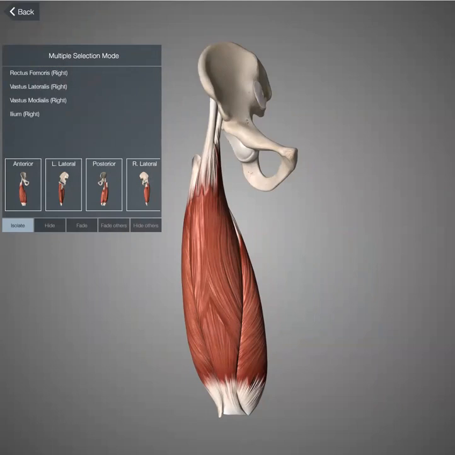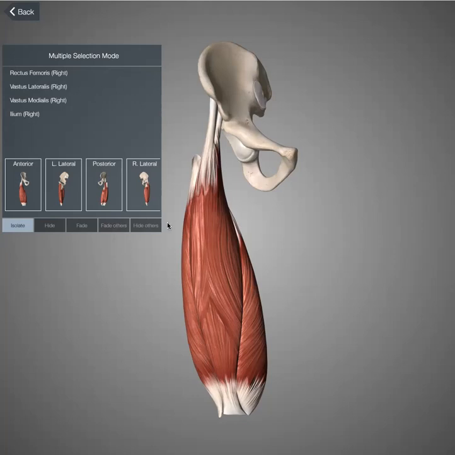Of course, if you place your hand on the anterior part of your thigh, you will see that it is a big bulge, and that bulge is because of this muscle group called the quadriceps femoris. From the name, quad means four, so hence four muscles. And it is one of the most powerful muscles in the body.